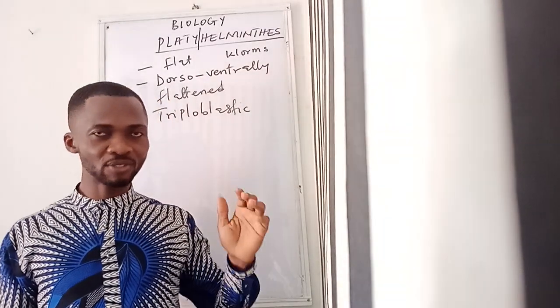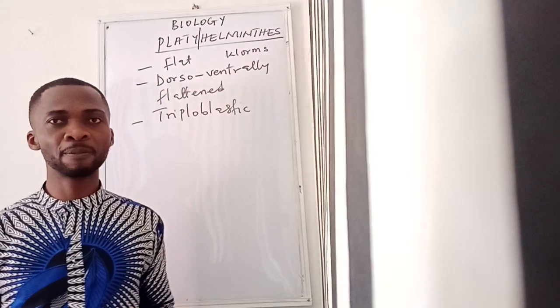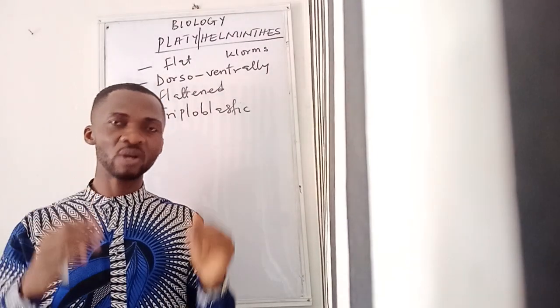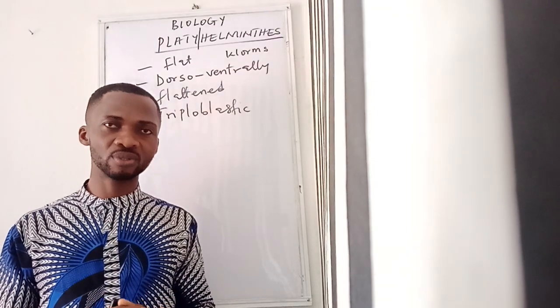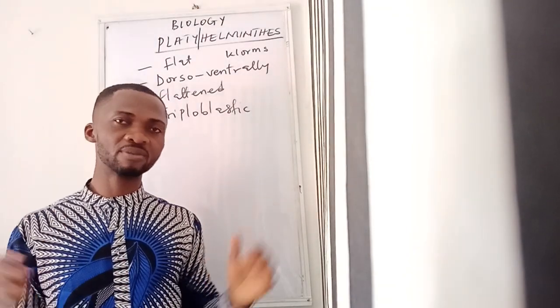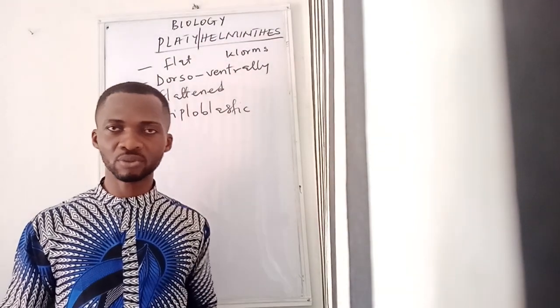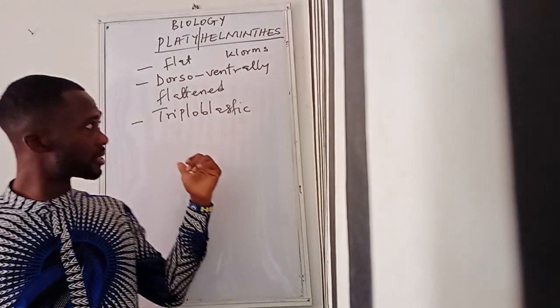Remember, that of the sponges are not even called the germ layers; they are called cells. They are not well developed tissues. They are the organisms within the lowest form of organization after protozoa.